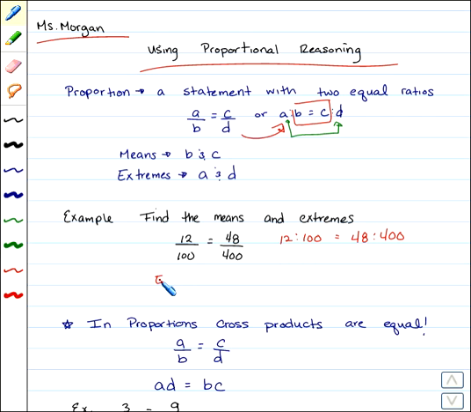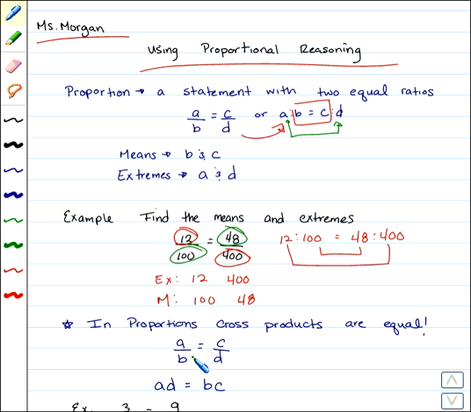So my extremes are my outer values, so that's 12 and 400. And my means are my middle values right here, so 100 and 48. So means and extremes just represent our inner and outer values here, or top and bottom are going to be our extremes, and bottom and top are going to be our means.